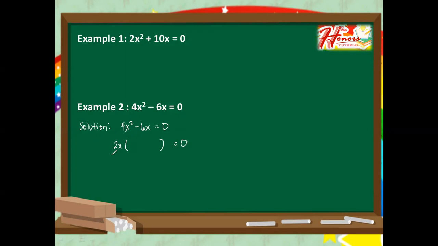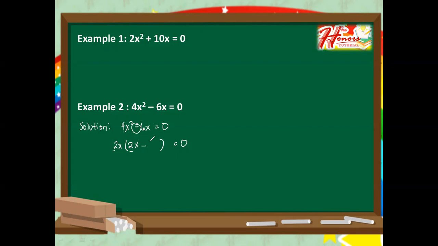Now let's divide. 4x squared divided by 2x is 2x. Why? Because 4 divided by 2 is 2. And then you have to subtract the exponents of x. We have here 2 minus 1, that's 1. So we have here 2x. And then, please don't forget to copy the operation here.